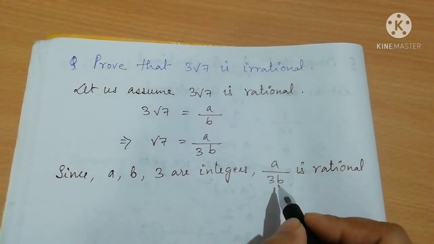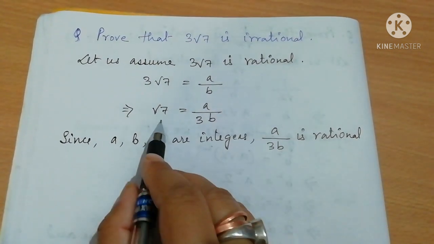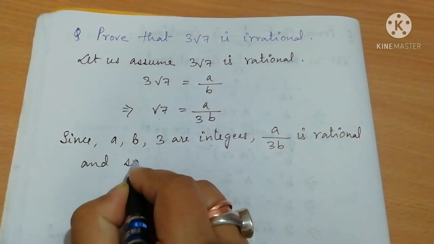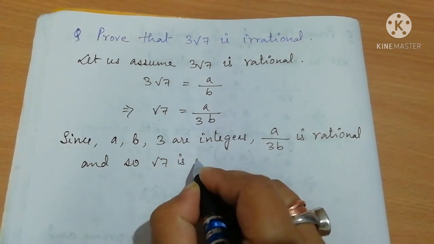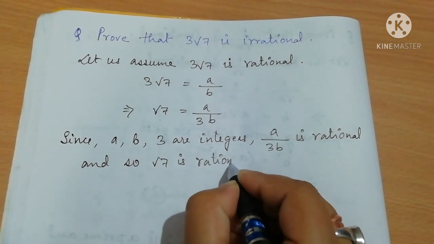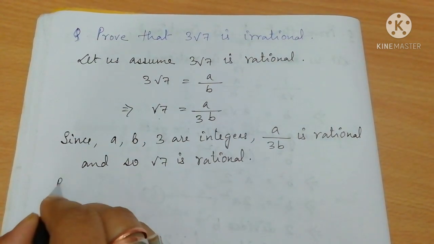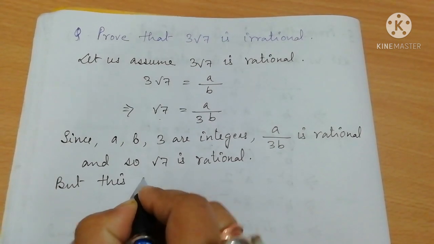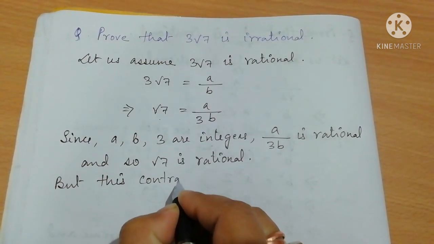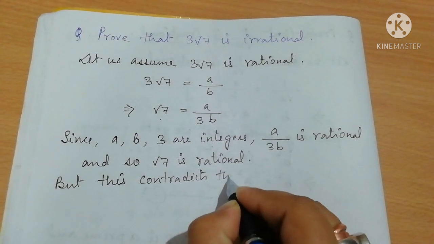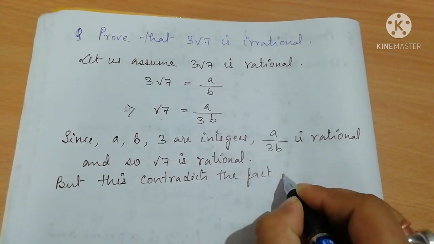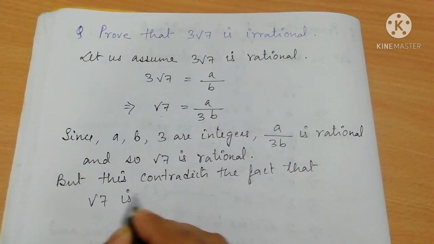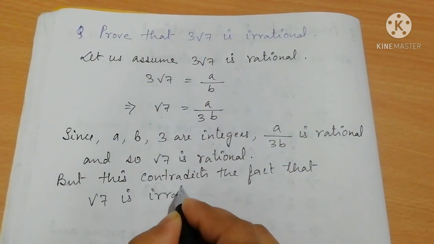So if a by 3b is rational, root 7 will also be rational, and so root 7 is rational. But this contradicts the fact that root 7 is irrational.